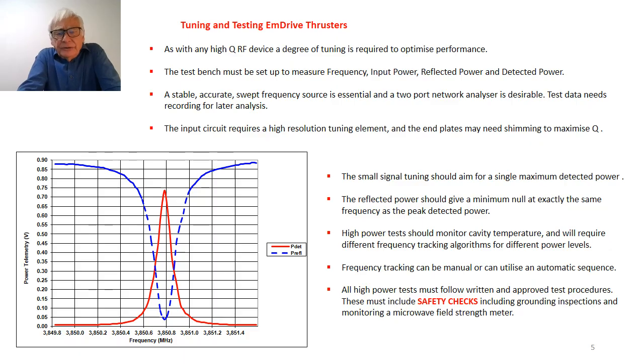So you carry out all this tuning at small signal levels, but then of course you should switch to high power inputs, and once you do that, you should also monitor cavity temperature, and you will need to be able to vary the input frequency as the power is increased.